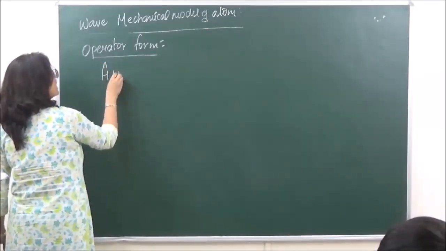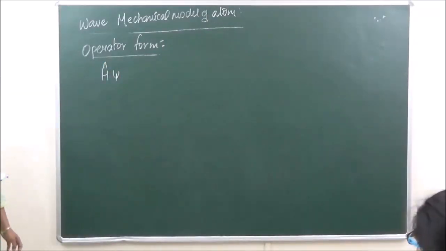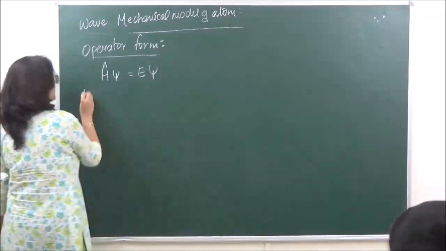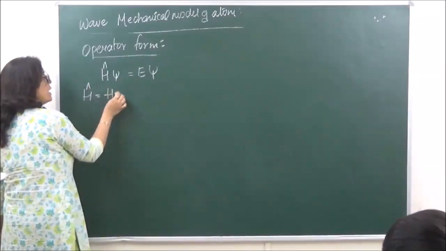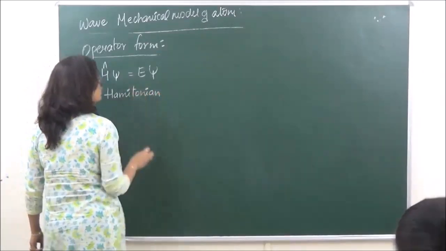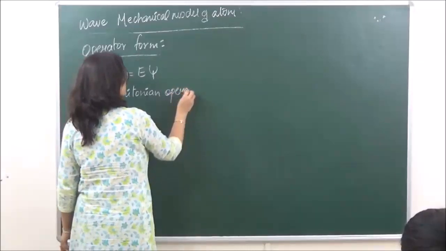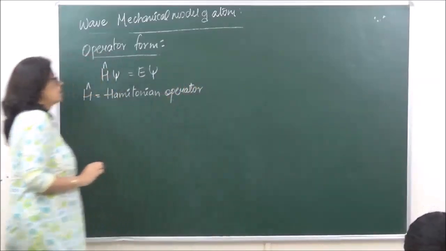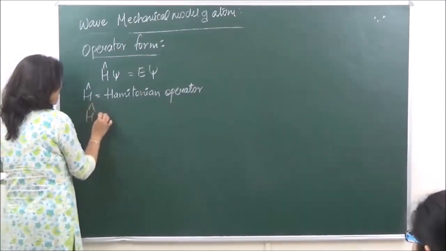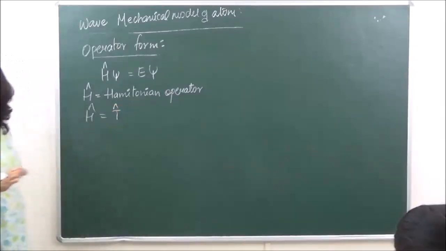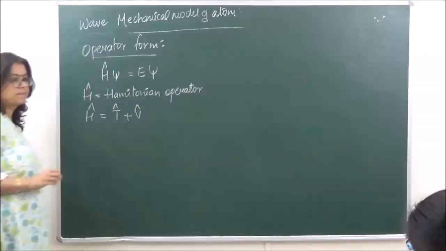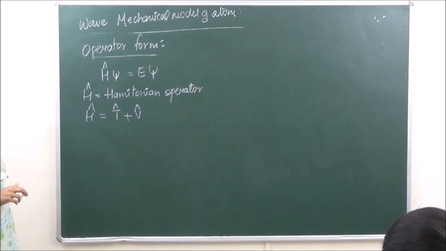The operator form is given as H psi equals E psi, where H is known as the Hamiltonian operator, and it is equal to T plus V.